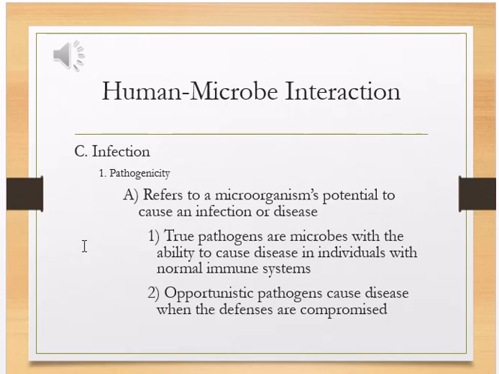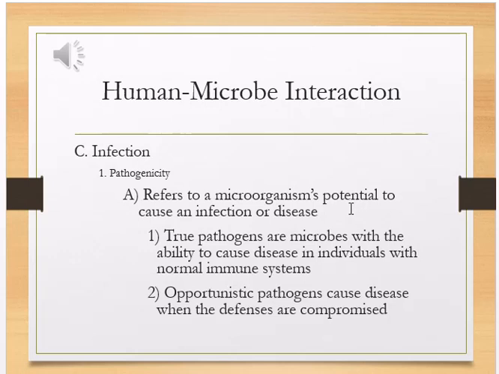Now we are talking about what is pathogenicity. What is a pathogen? Pathogens are germs that enter our body and cause harm or infection. So what is pathogenicity? It refers to a microorganism's potential to cause disease.